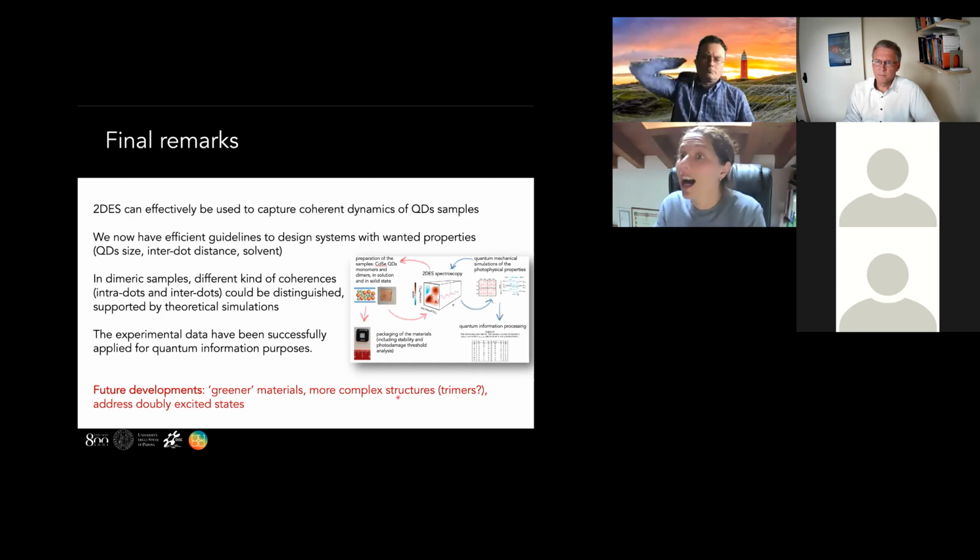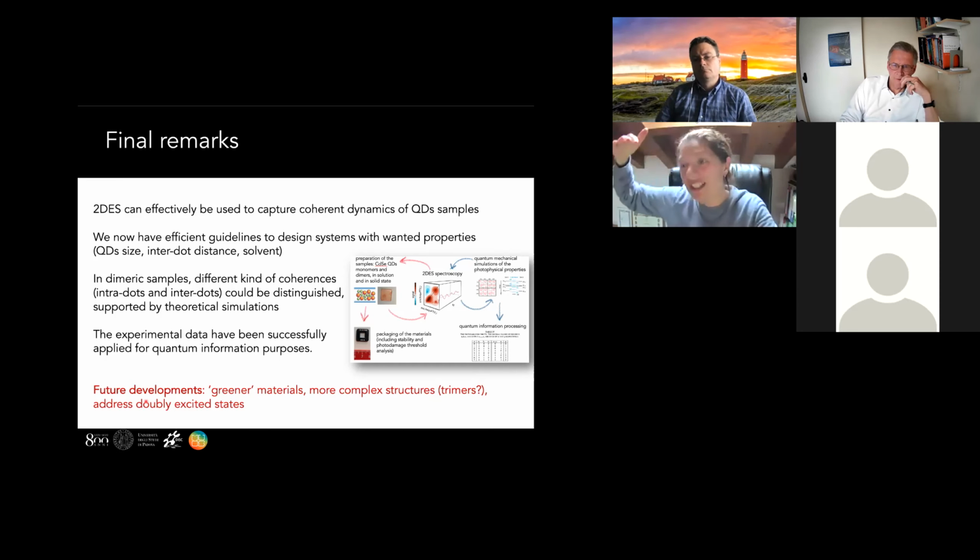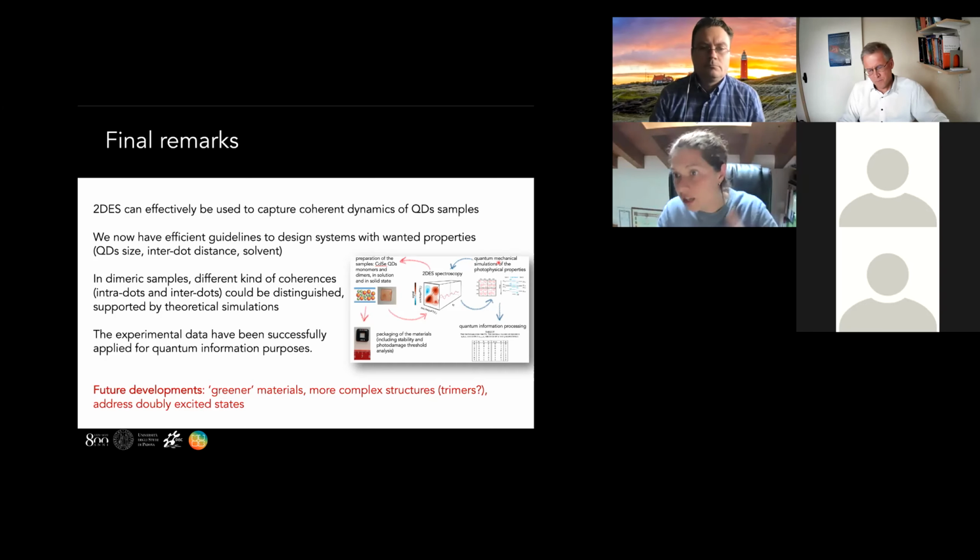Should we try trimers or even more complex structures? And then also going to address doubly excited states in order to exploit not only single excited states, but also the higher energy manifold of states. And this would complicate even more the electronic structure we can address with 2D spectroscopy, and so it will provide even more logic variables to perform quantum information processing.